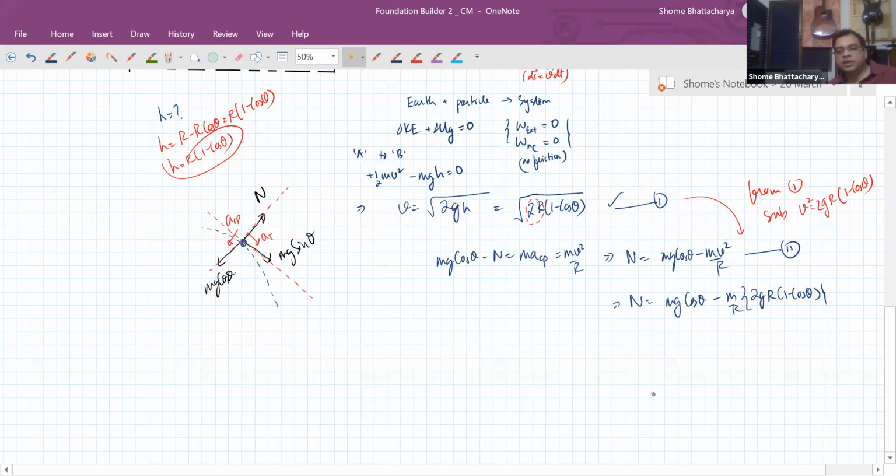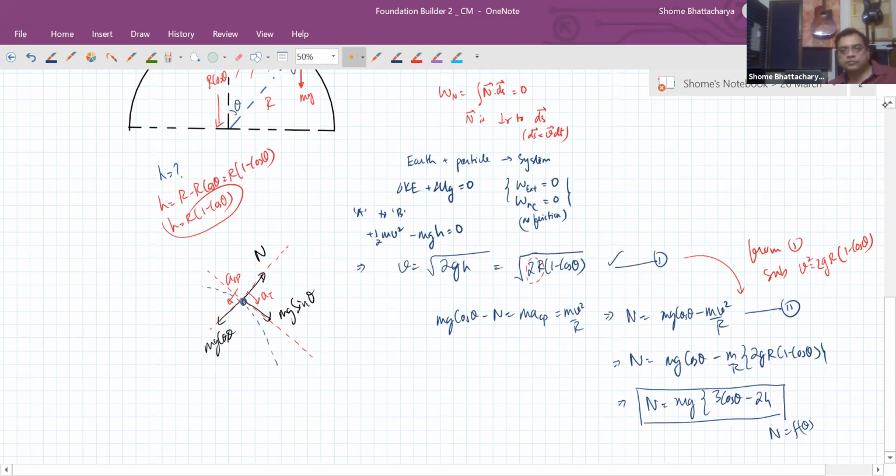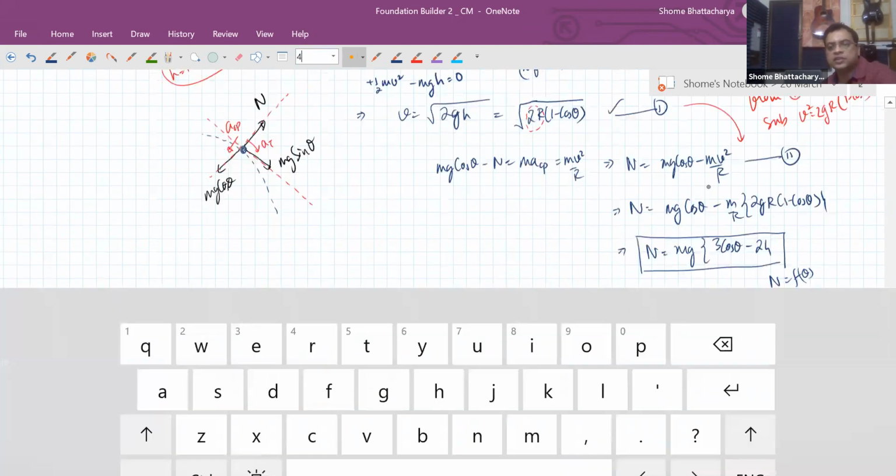That is mg cos theta minus this term. So finally, N will become mg into 3 cos theta minus 2. So this is our normal reaction as a function of theta. This was our v as a function of theta. I'm just minimizing this a little bit. Just make sure you understand all the steps.